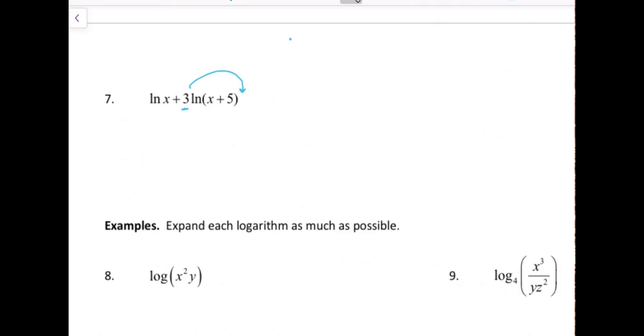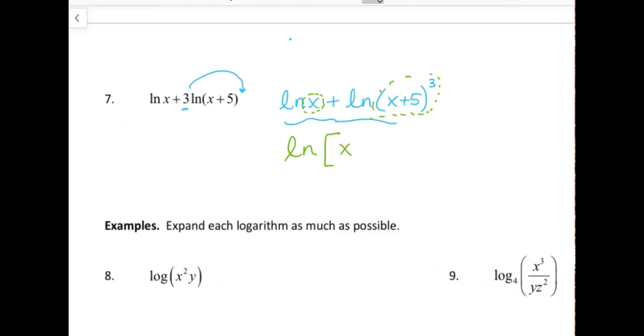So that's going to give me the natural log of x plus the natural log of x plus 5 raised to the 3rd power. And I just want to add those two logs together. To add two logs together, I take the first argument, multiply it by the second argument. So the argument of this ln is going to be x times the quantity x plus 5 cubed.